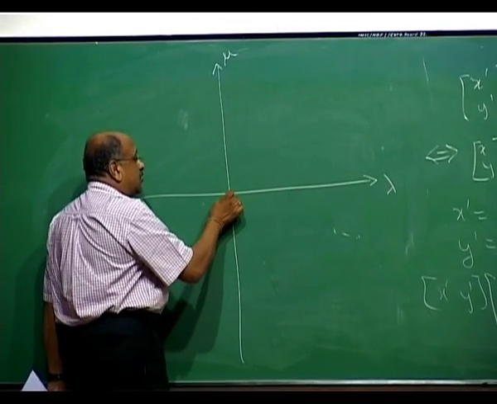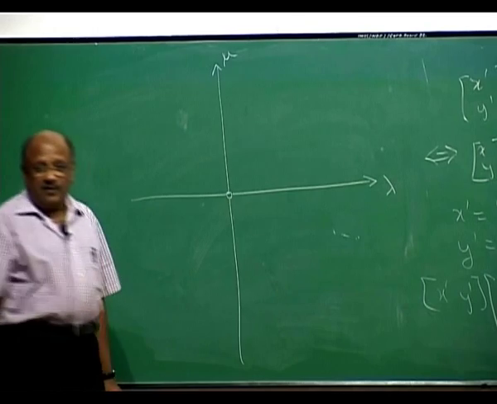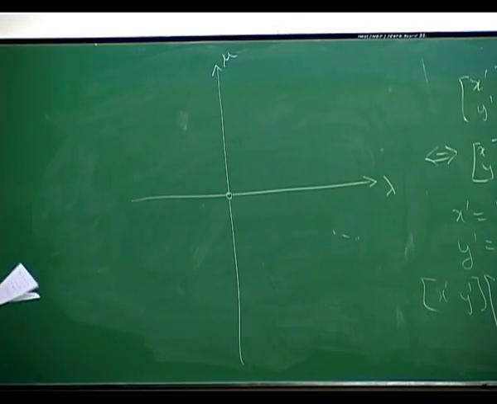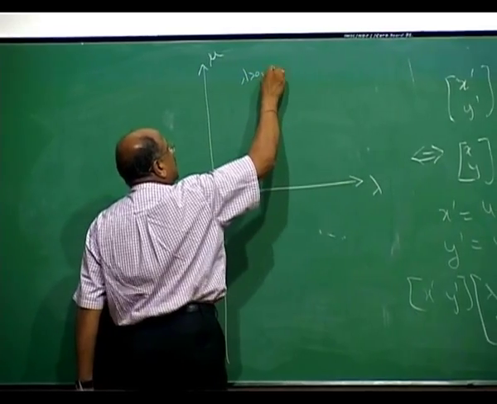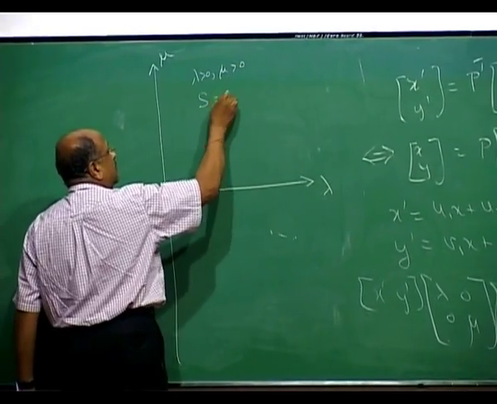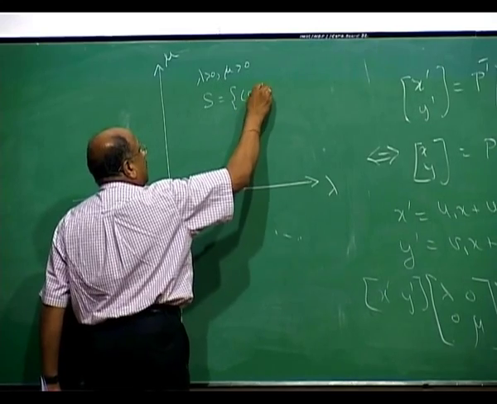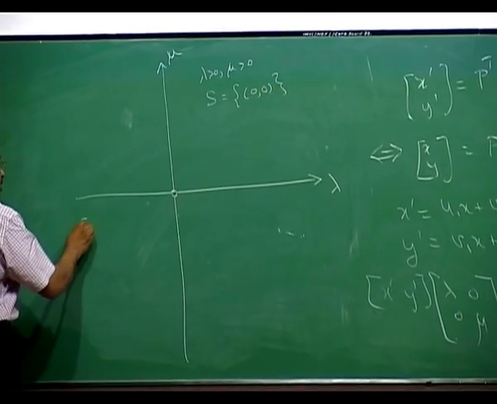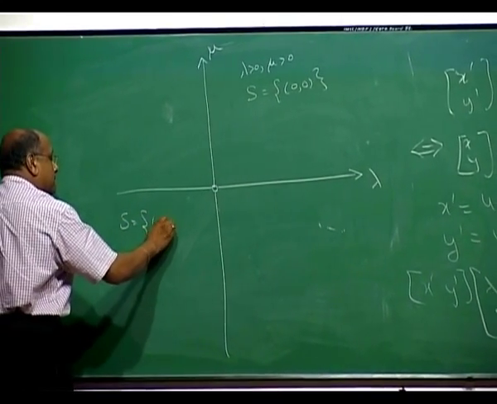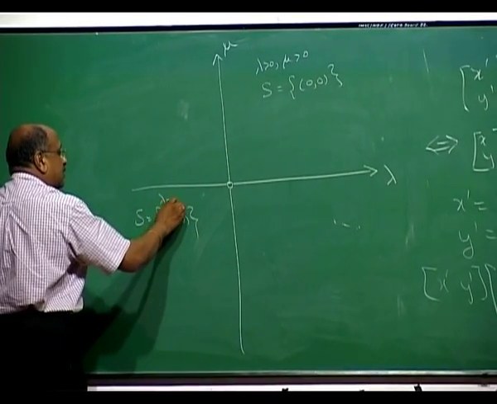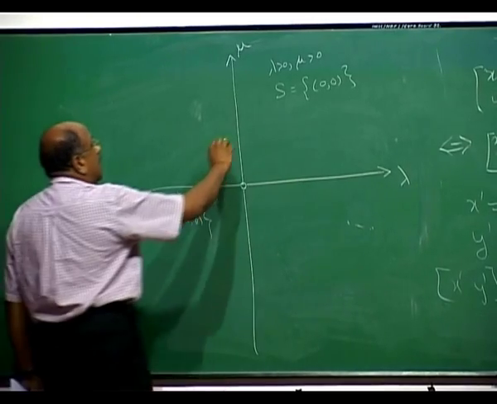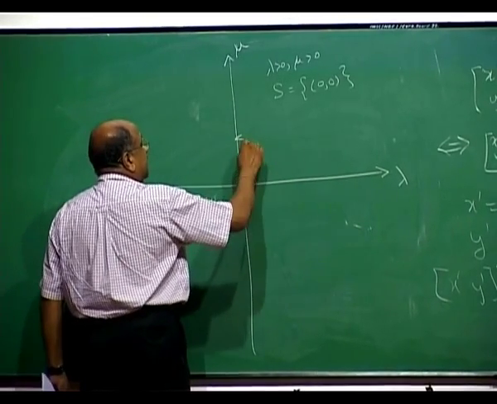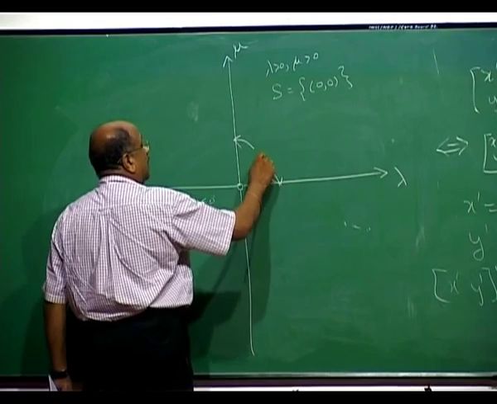You have to omit the origin because that is not to be taken into consideration. So in this quadrant we have lambda greater than 0, mu greater than 0. The set consists of only one point. Similarly here also. This is lambda less than 0, mu less than 0. If it lies on any of these axes, you have one line.